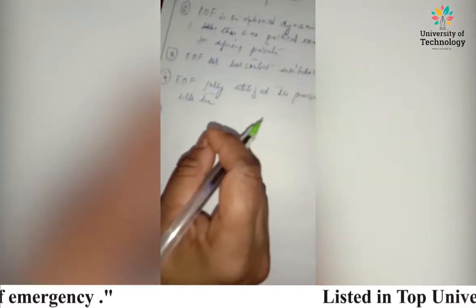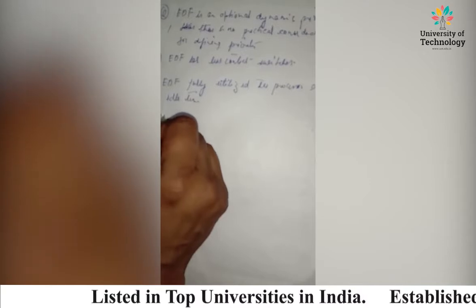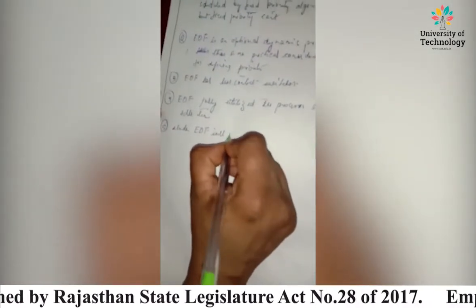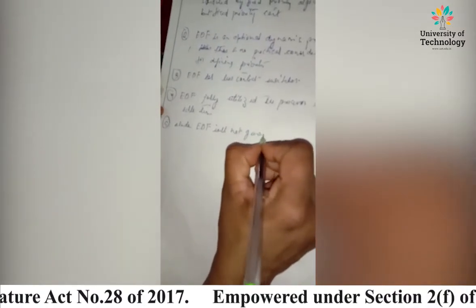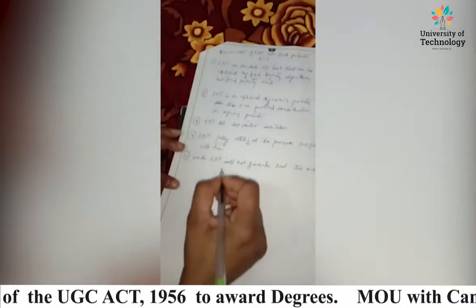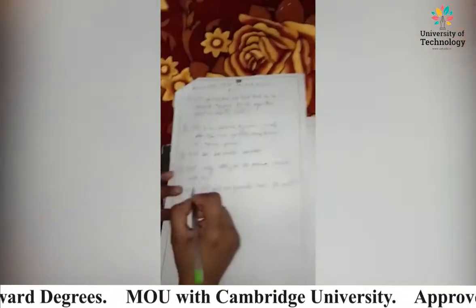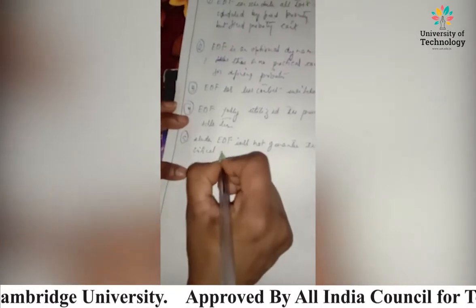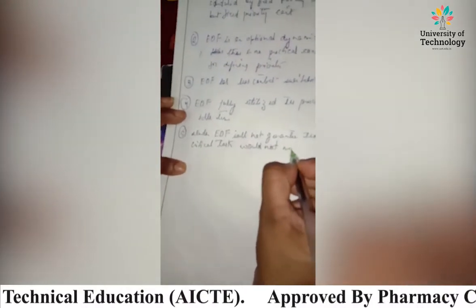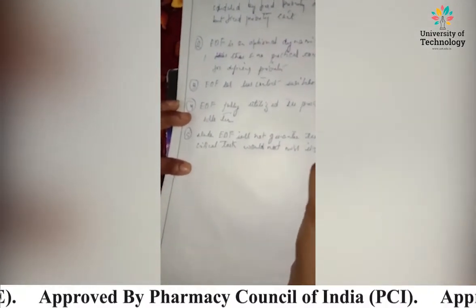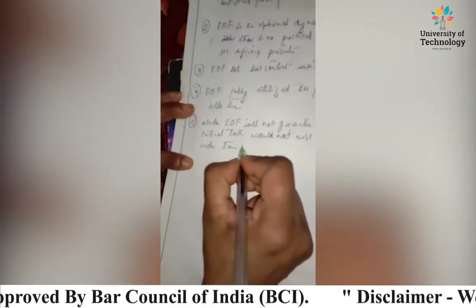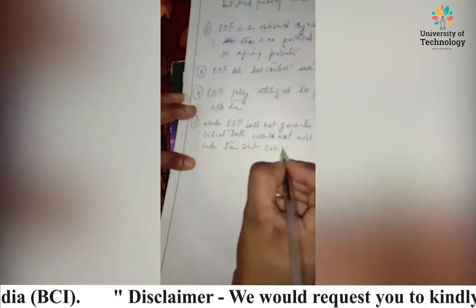What I'm trying to make you understand, first write it down: under EDF, it will not guarantee that the most critical task would not miss its deadline under transient overload.